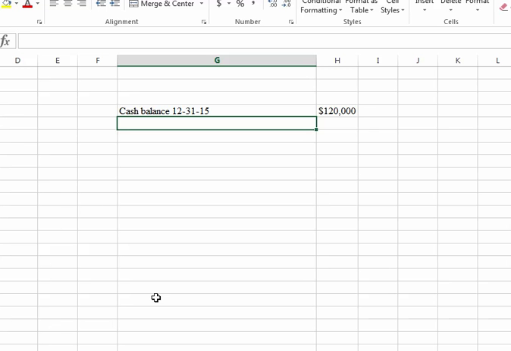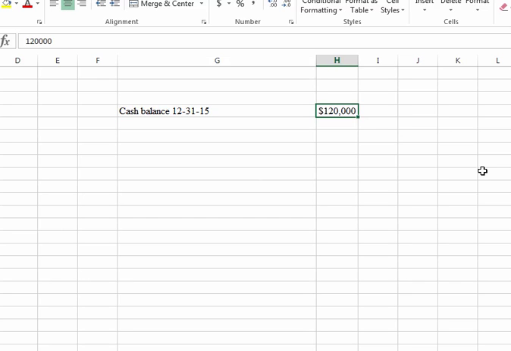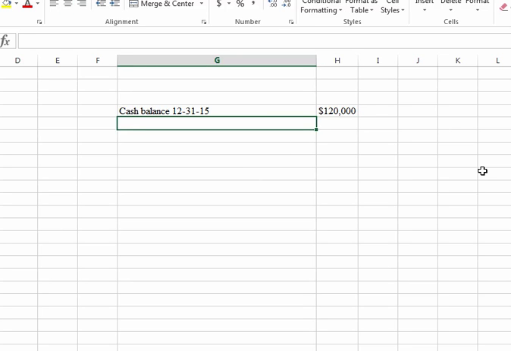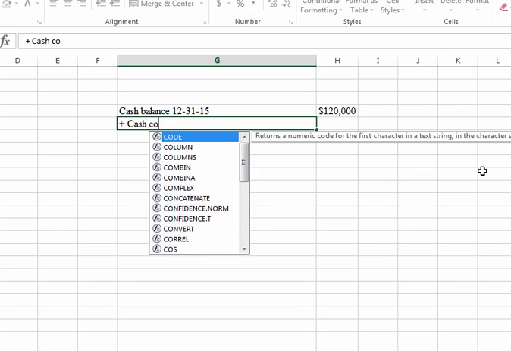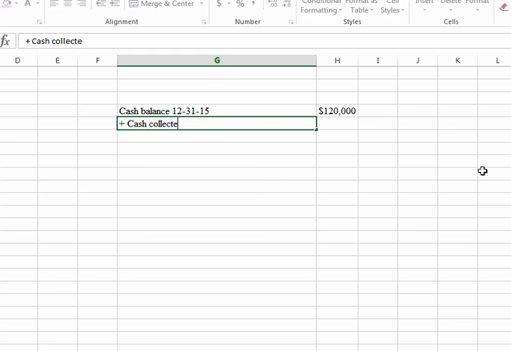Okay, so we'll start with the cash balance at 12/31/15, which was $120,000 there from the balance sheet. All right, then we want to add any cash coming in and deduct any cash going out. So number 2 says cash collected from customers.